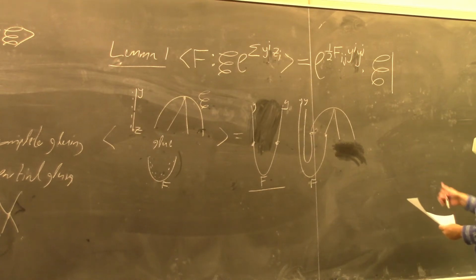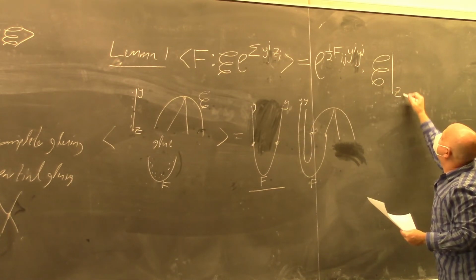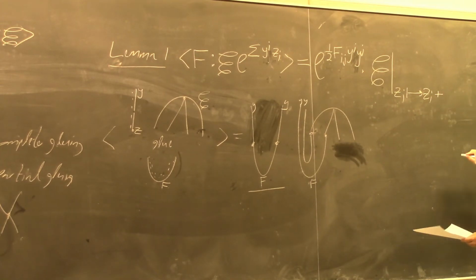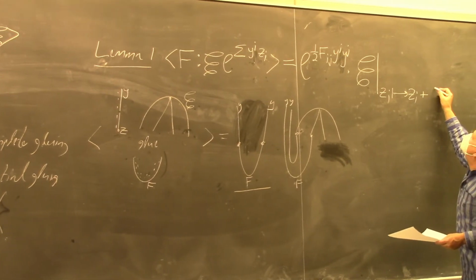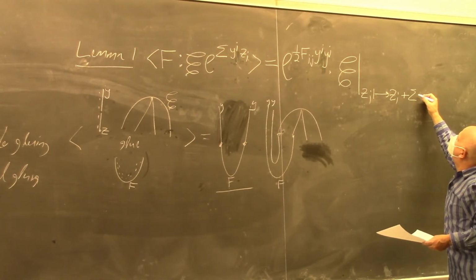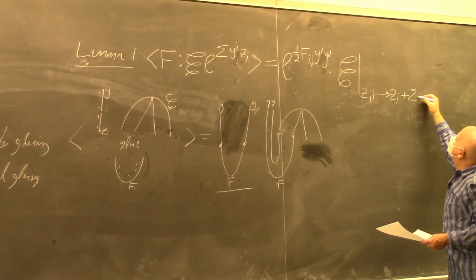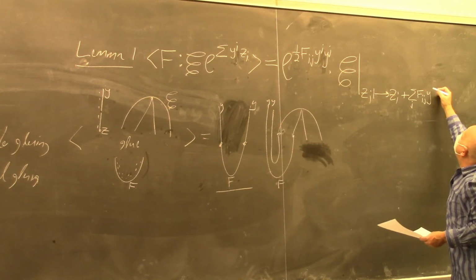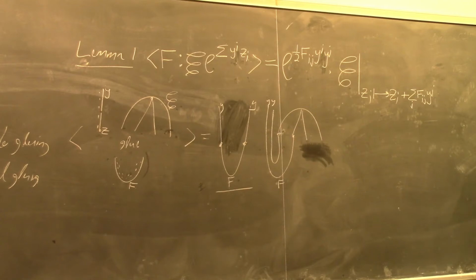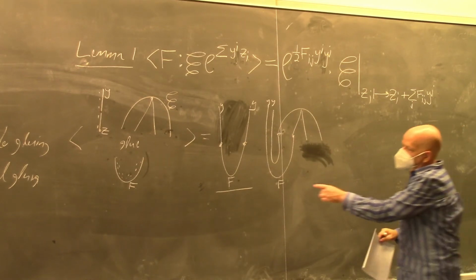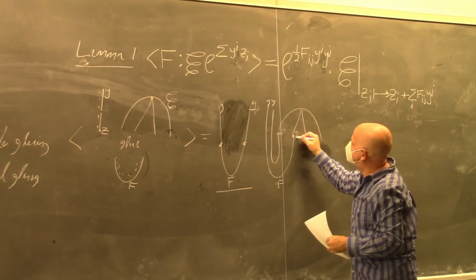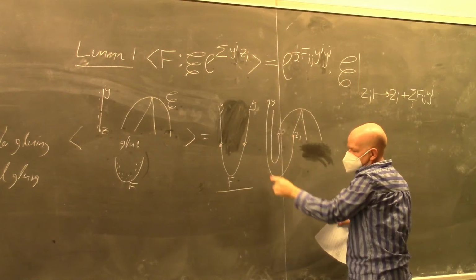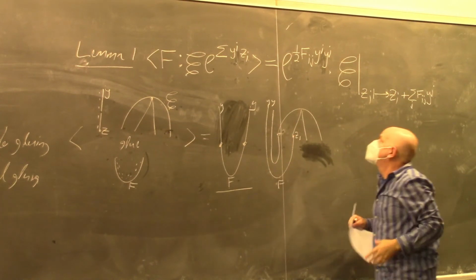So basically take E and substitute zi goes to zi plus the sum over all j's of fij yj. So if this was a z1, it could be connected to a y7, but then the coefficient would be F17. Okay?